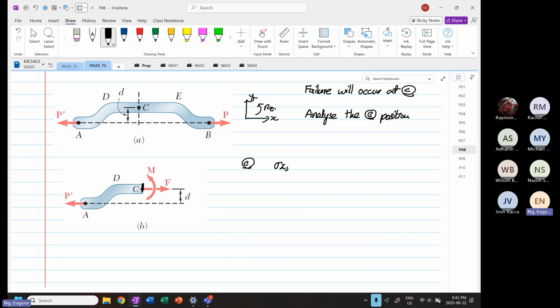So stress X at point C will be equal to F over A. The P prime is to counter F. So for this case, we will have F over A, where F is equal to P prime, due to Newton's third law, which is action equal to reaction, same in magnitude, different direction.